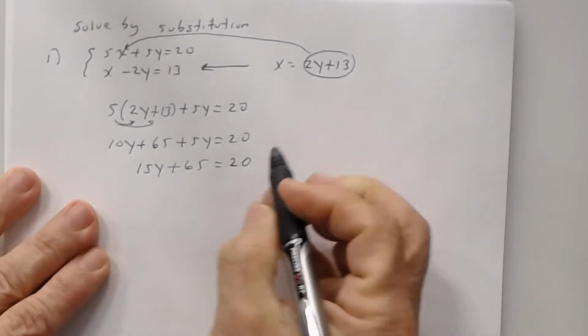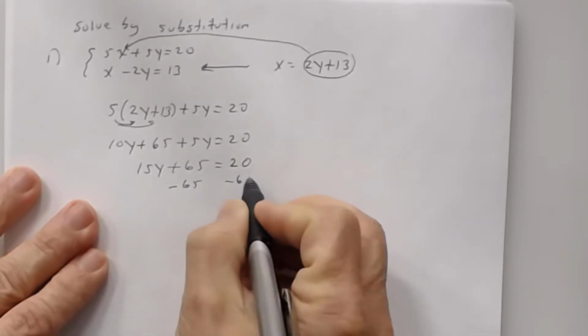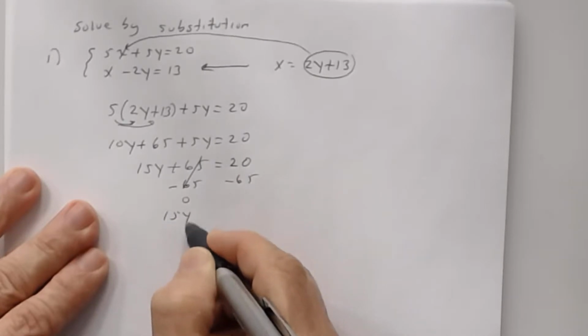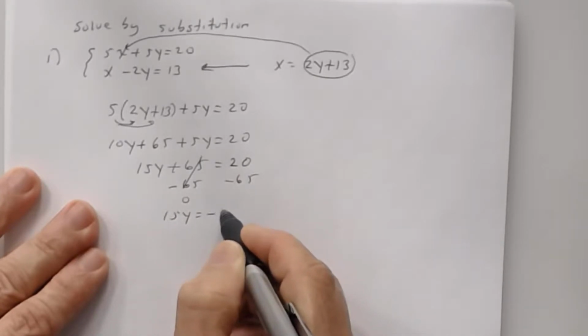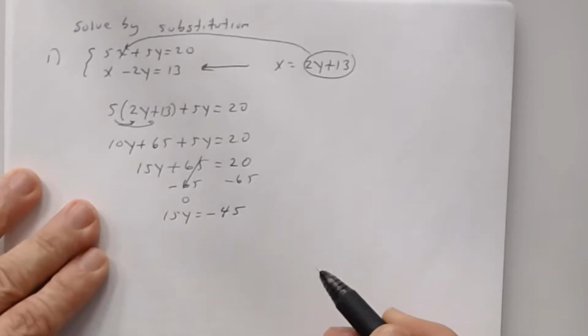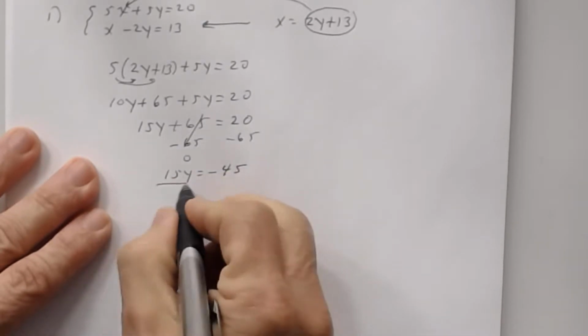Next step. Subtract 65 from both sides, combine like terms. I get 15y = -45. Then divide both sides by 15.